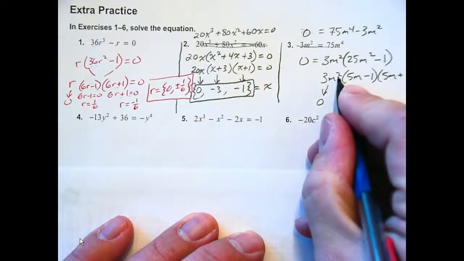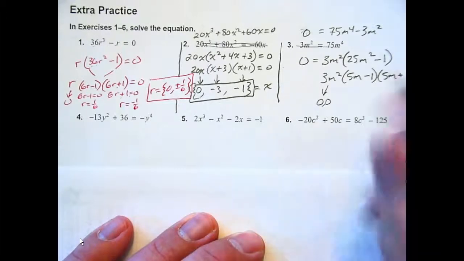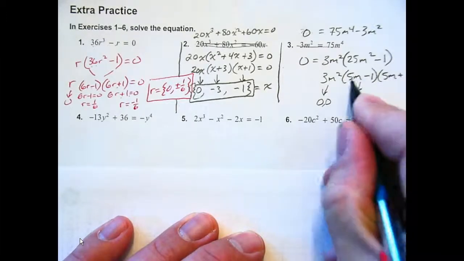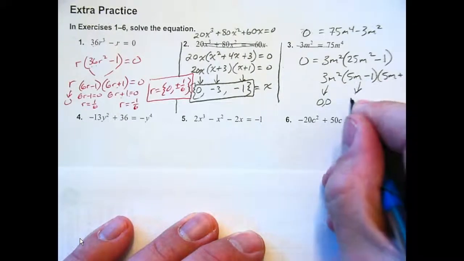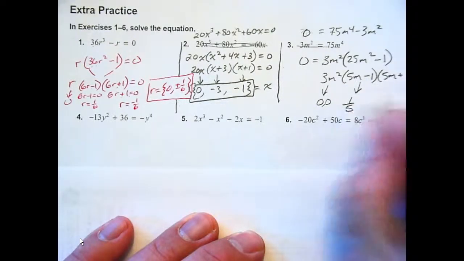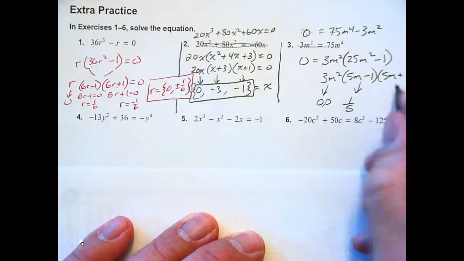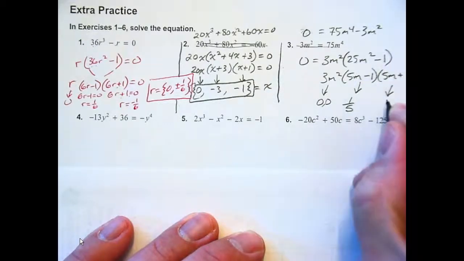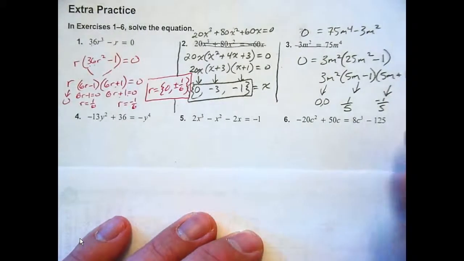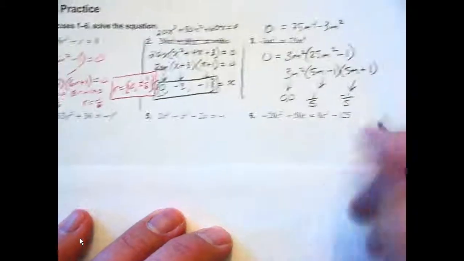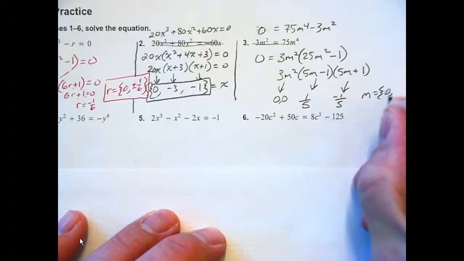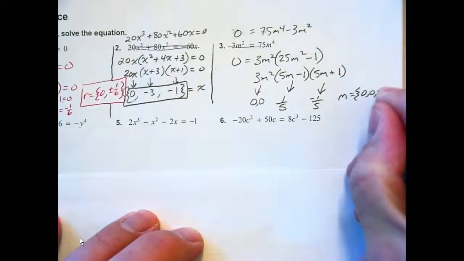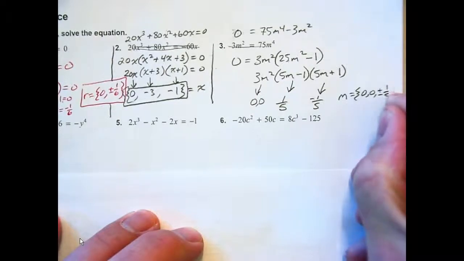There's actually 2 of them because of the m squared. 5m minus 1 equals 0, so the 2 steps would be to add 1 and divide by 5. And 5m plus 1 equals 0, the 2 steps would be to subtract 1, divide by 5. So our solutions: m equals 0, 0, and plus minus 1 over 5.